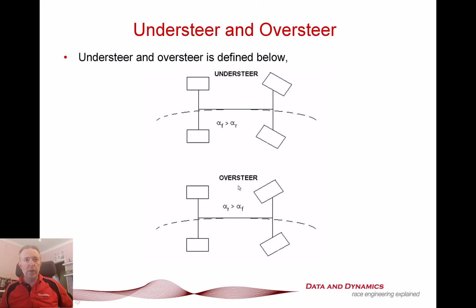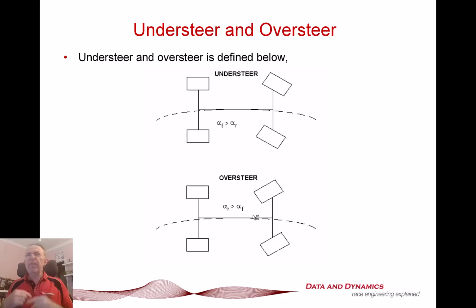When we're oversteering, the rear slip angle is greater than the front slip angle. So understeer is where you're going like this, oversteer is where you go woohoo, and that is probably our first port of call when we understand car handling and car stability.